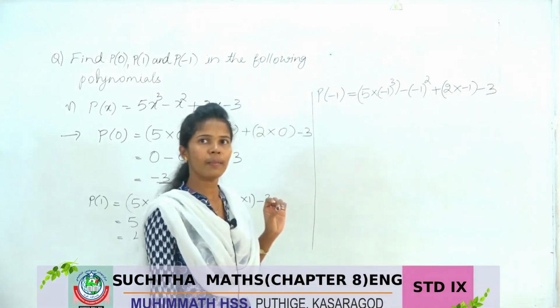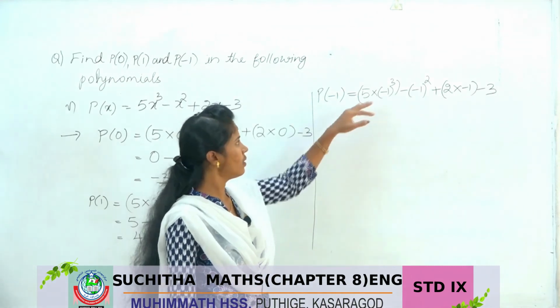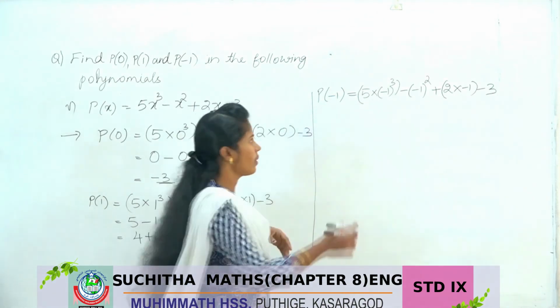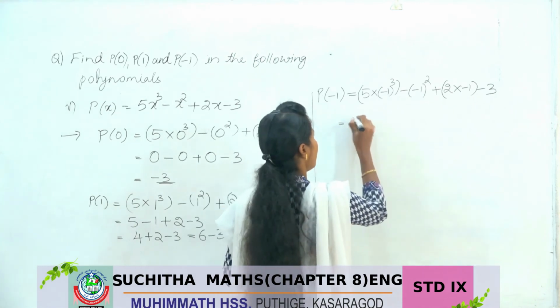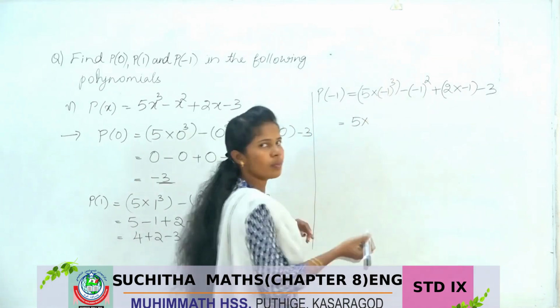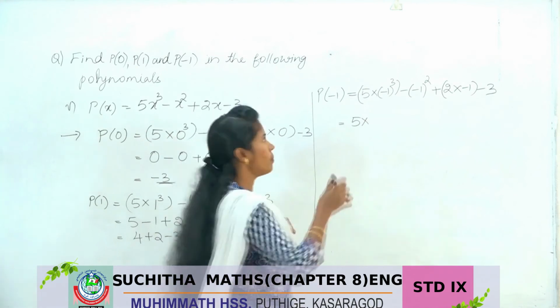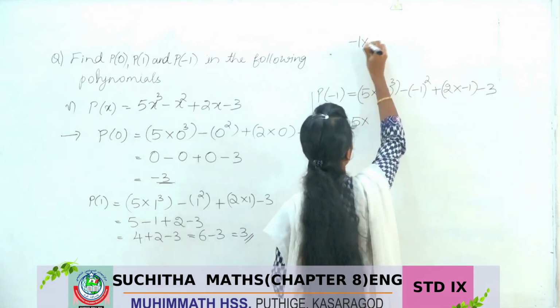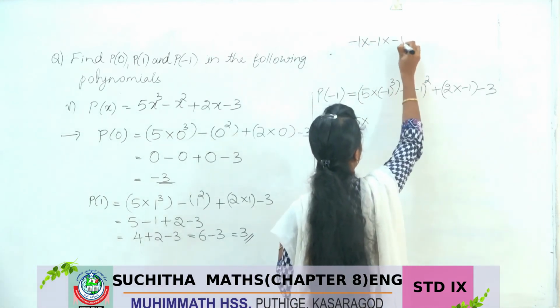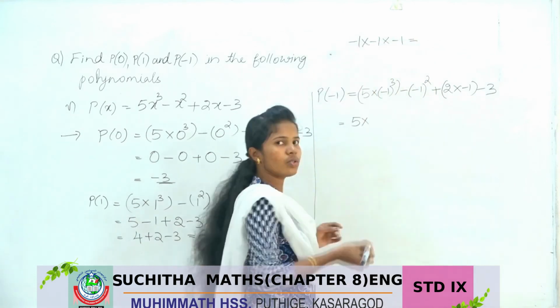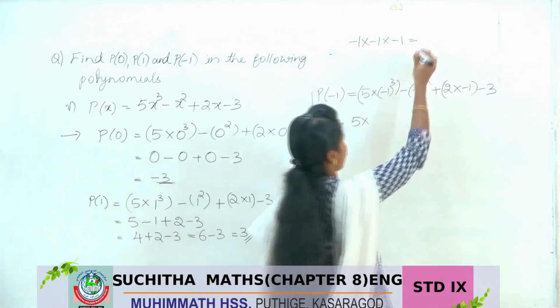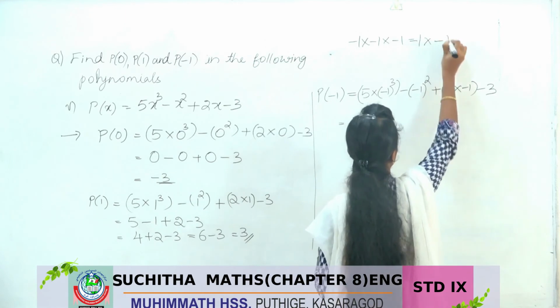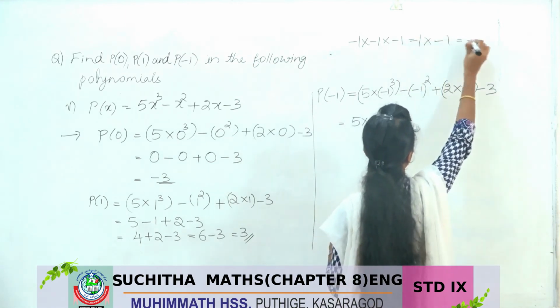Here apply minus 1 in the place of x. Okay. That is 5 into minus 1 cube. What is the value of minus 1 cube? Minus 1 into minus 1 into minus 1. That is minus 1 into minus 1 is plus 1 into minus 1. So 1 into minus 1 is minus 1.